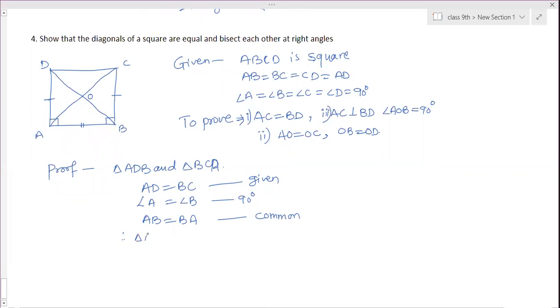So therefore triangle ADB is congruent to triangle BCA by SAS congruency, and therefore BD is equal to AC by CPCT. Clear? So first part proved. This is the first part.